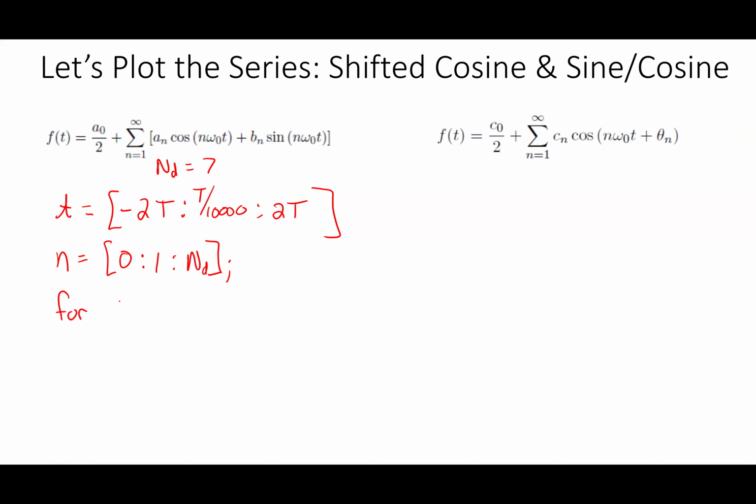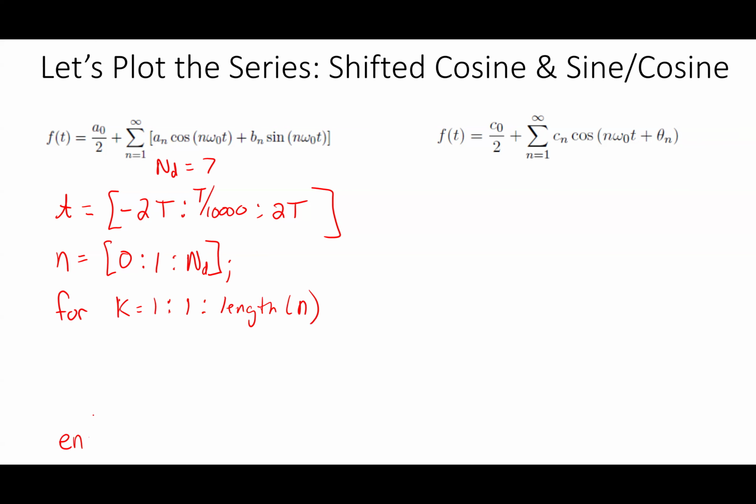Now I'd write a for loop that goes k equal 1 to length of n. End it. Now, what would I do here?